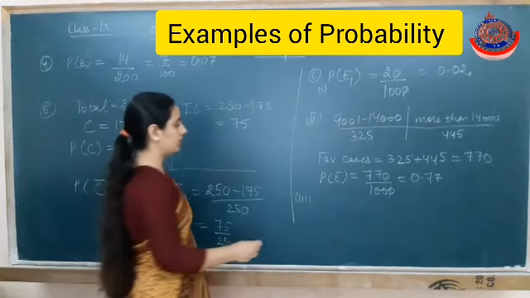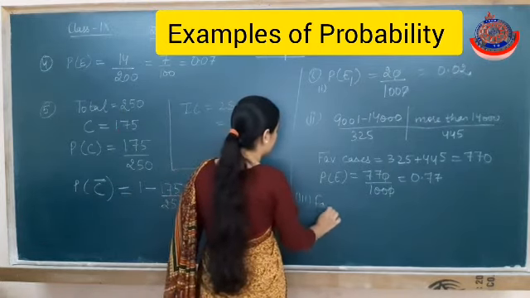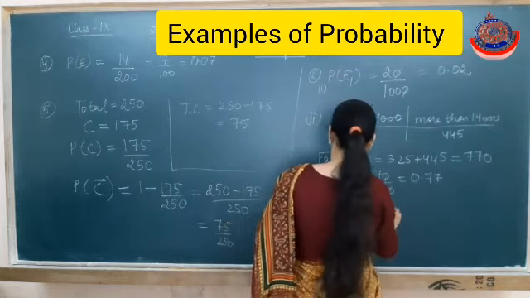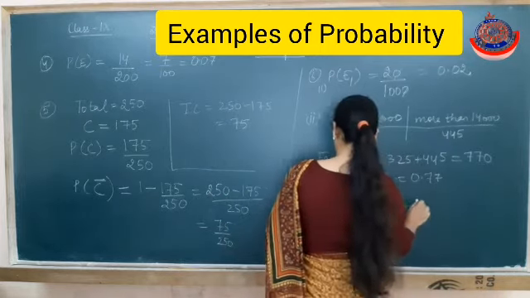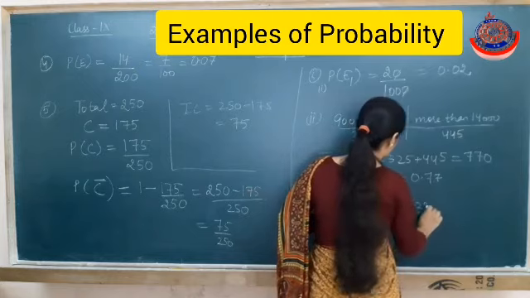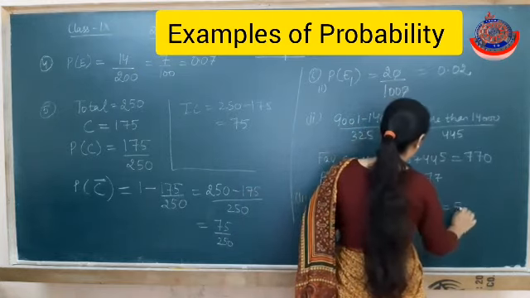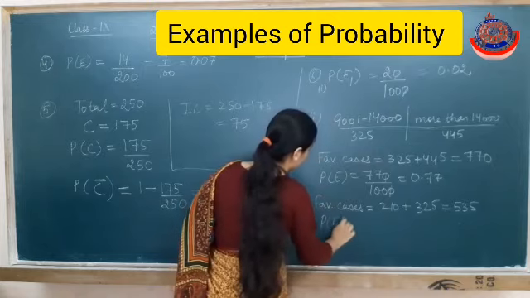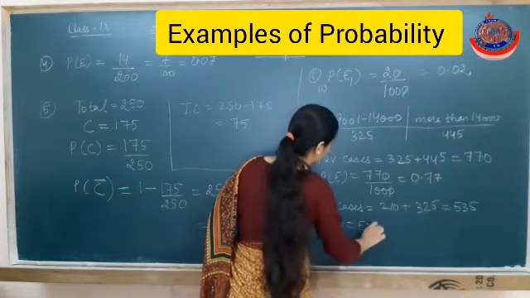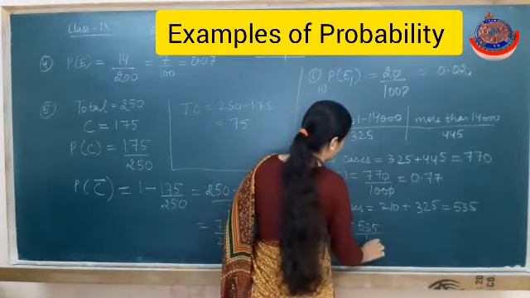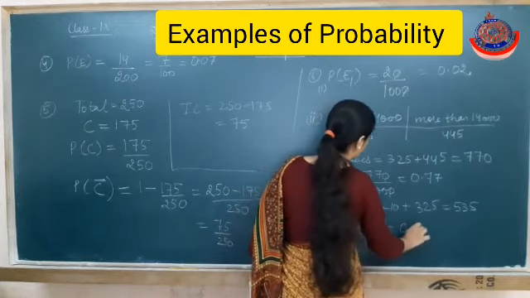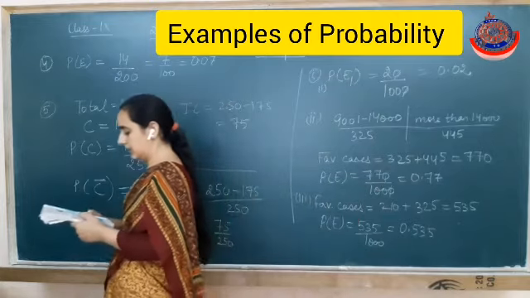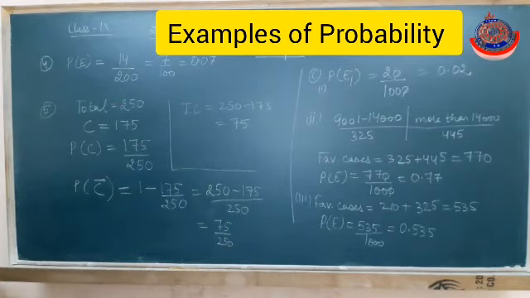So here again my favorable cases will be 210 plus 325. So it will become 535 and accordingly the probability will be 535 upon 1000, which is 0.535.